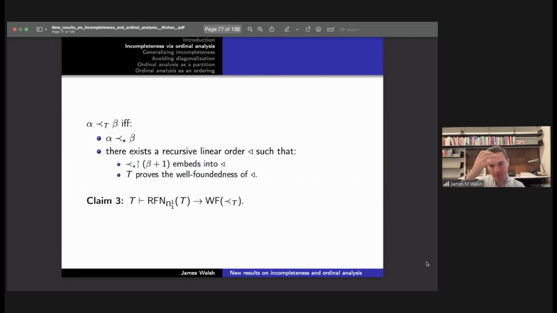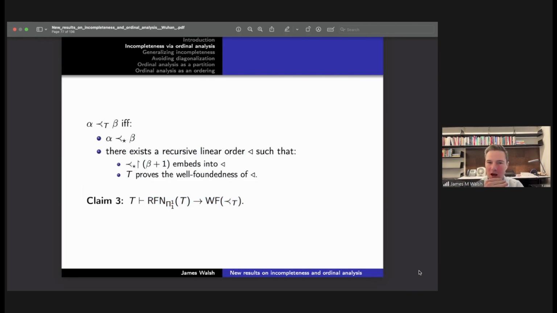The third claim is that provably in T, the Π¹₁ soundness of T implies the well-foundedness of prec T. Now, this claim is the only reason that we've added any of these other conjuncts. Somehow we took prec star and needed to redescribe it in such a way that T could prove this conditional.